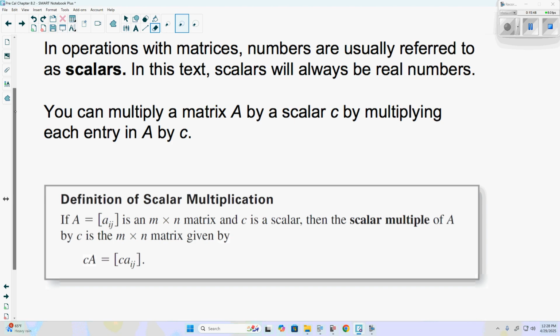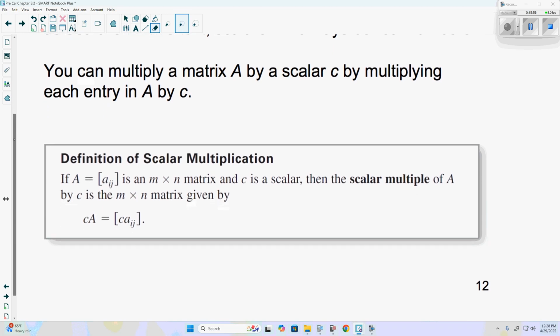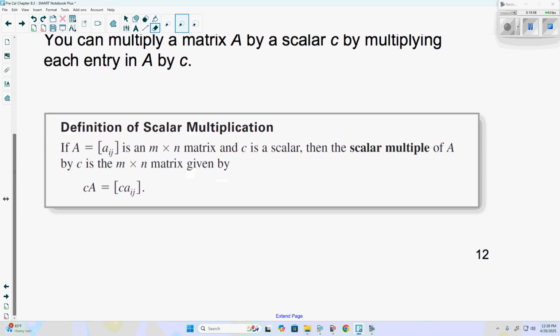In operations with matrices, numbers are usually referred to as scalars. In this text, scalars will always be real numbers. You can multiply a matrix A by a scalar C by multiplying the entire matrix, each element in the matrix, by that value. That's just what that definition says.